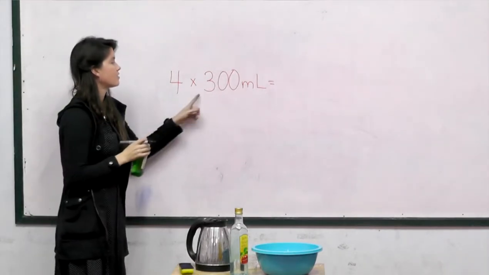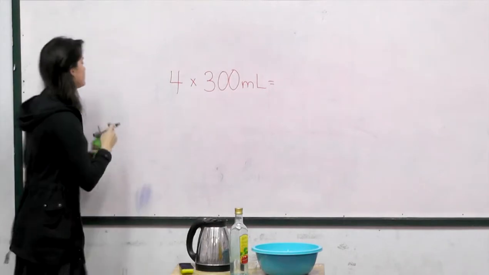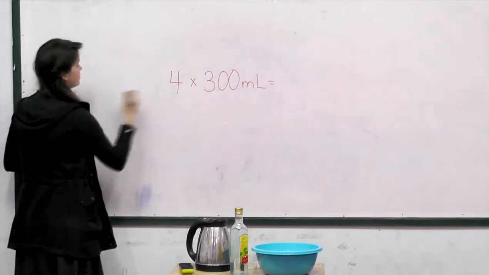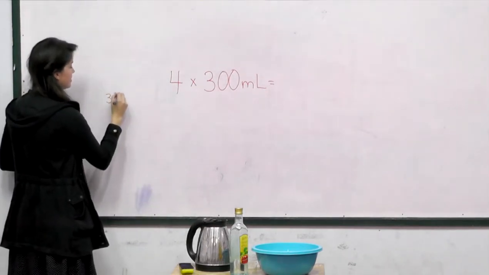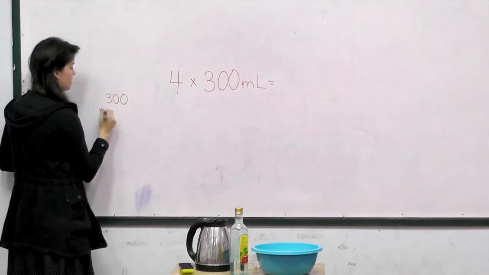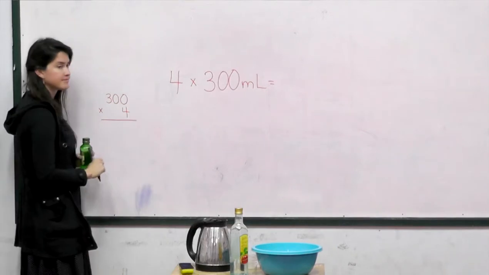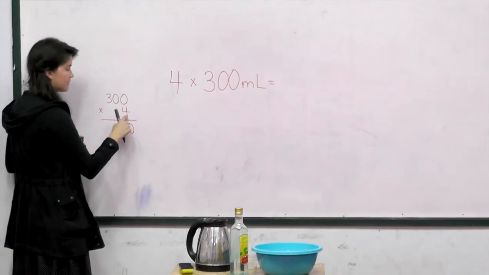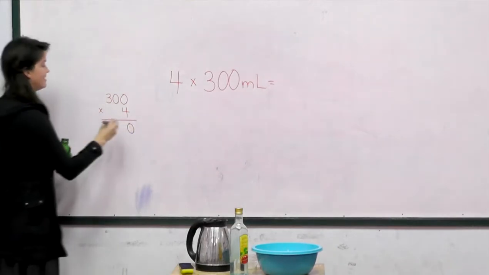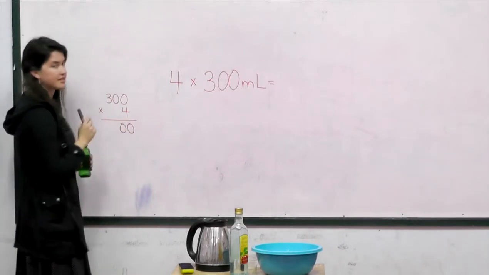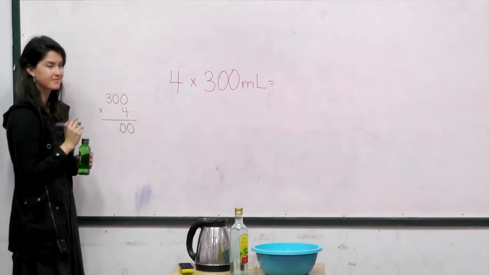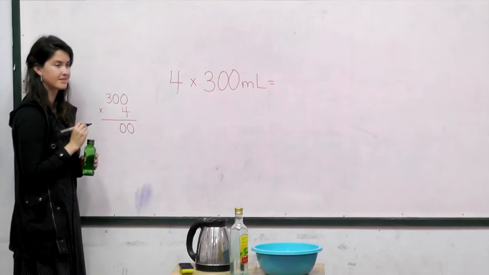So we're going to do 4 times 300. And we have our 300 times 4. What's 4 times 0? 0. What's 4 times 3? 12.